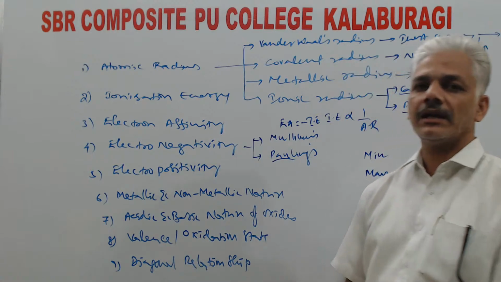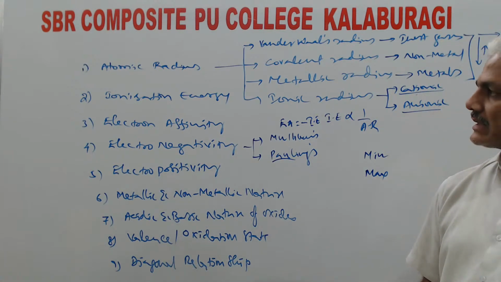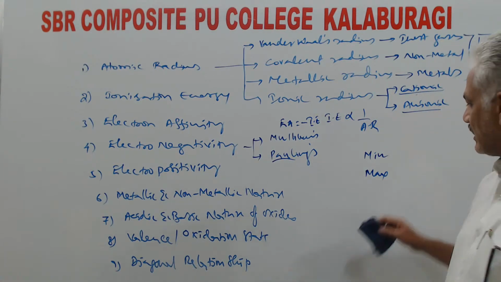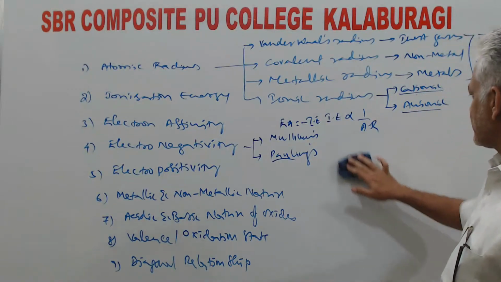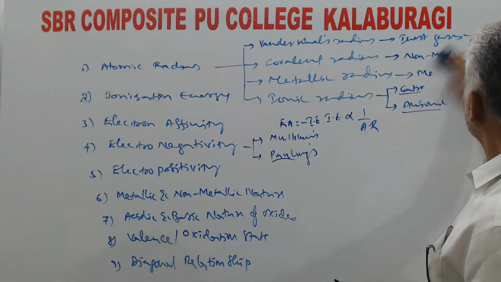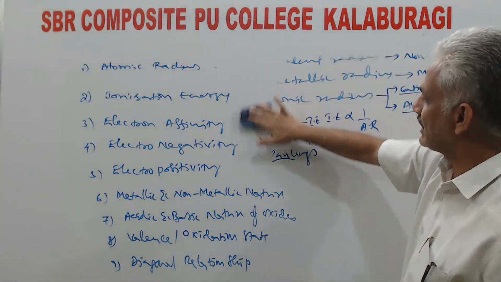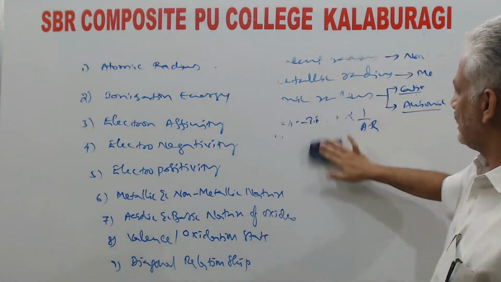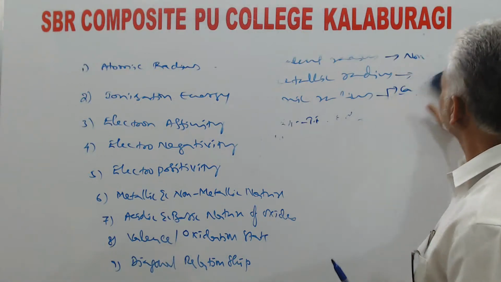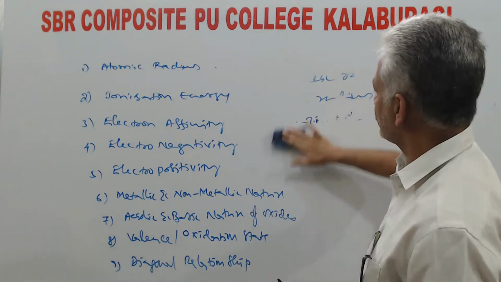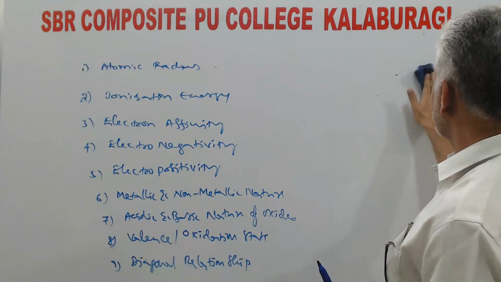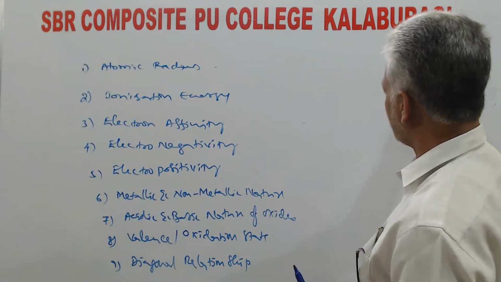Then diagonal relationship. Among second and third period elements, diagonally placed elements have similarity in their properties. This peculiar behavior of elements is called as diagonal relationship, and the elements which show diagonal relationship, they are called as diagonal pairs.